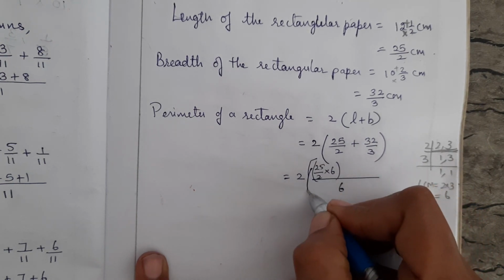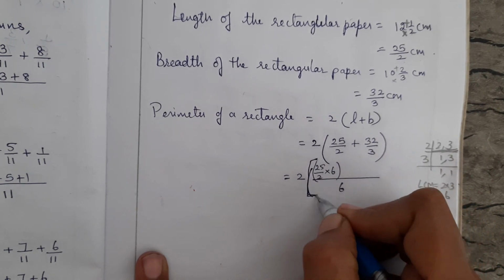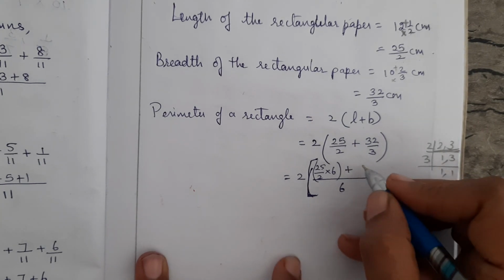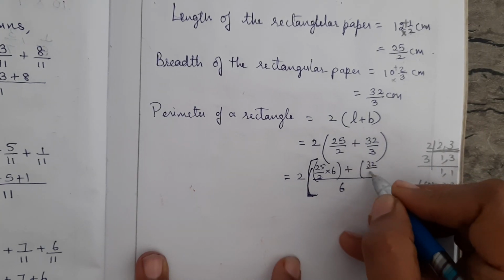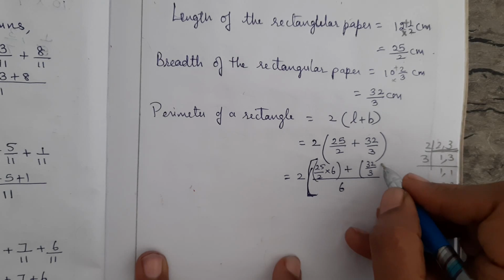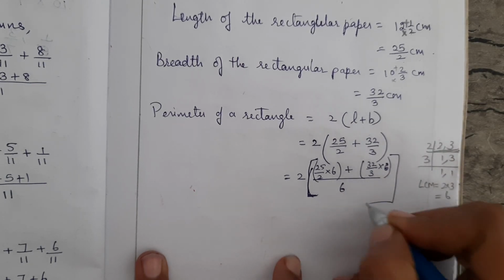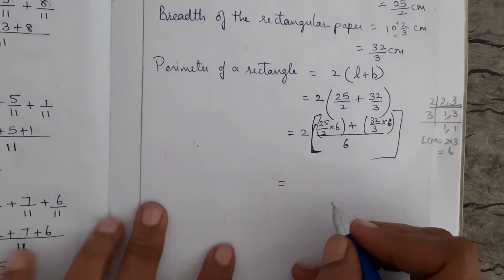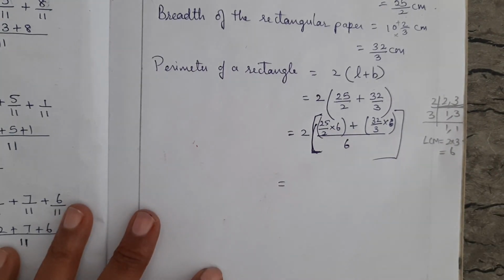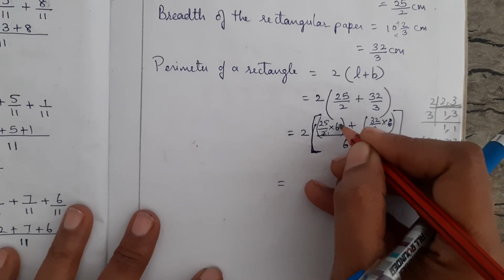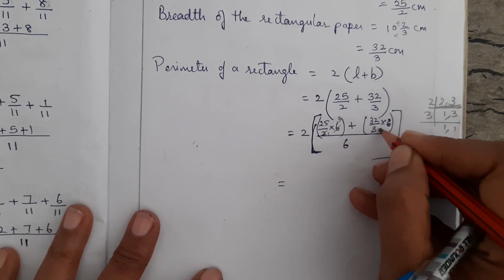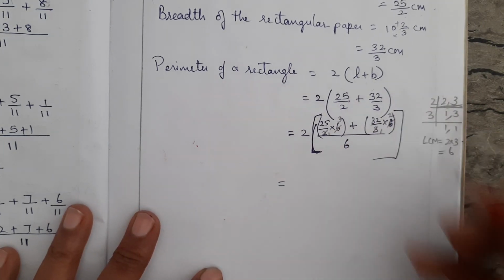So it becomes 6, and take the whole term 25 by 2 into LCM, in a square bracket, plus the whole term 32 by 3 into LCM. LCM is 6. Now 2 ones are 2, 2 threes are 6, 3 ones are 3, 3 twos are 6.